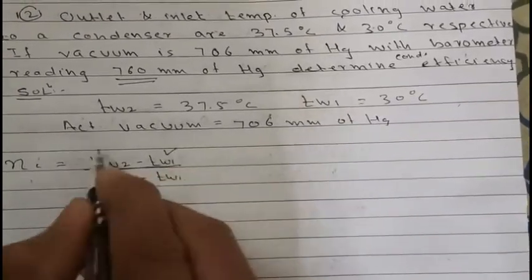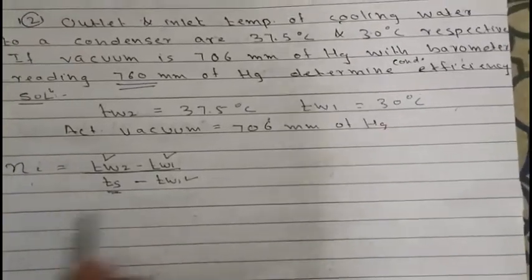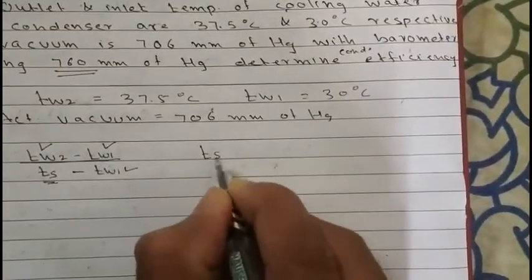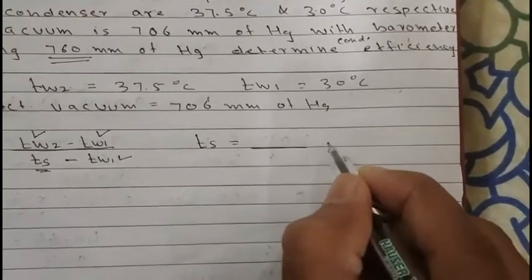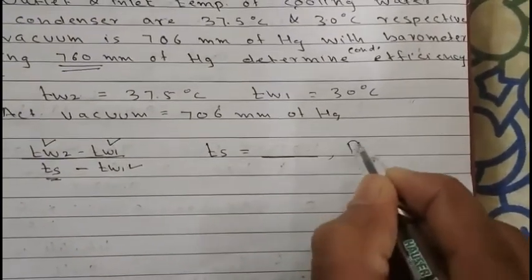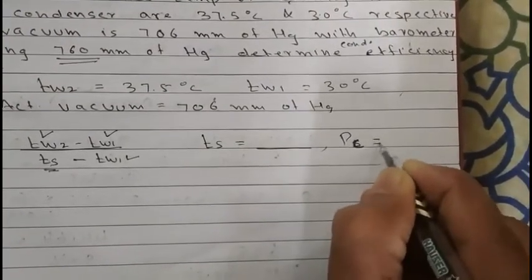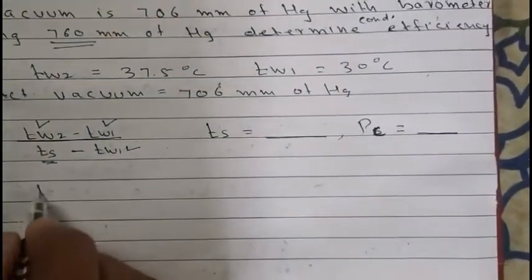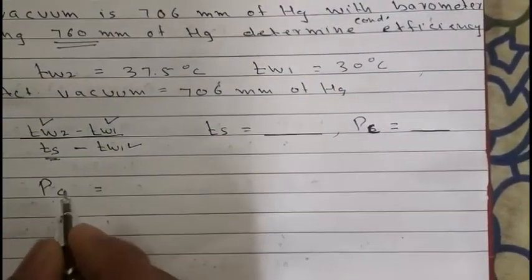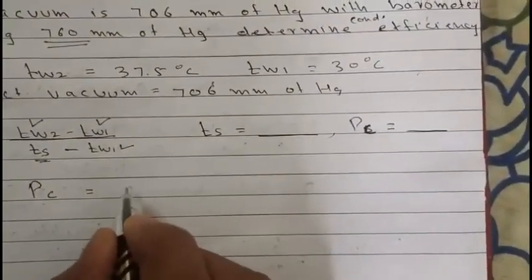Now we know TW1 and TW2. We have to find out the saturation temperature, which corresponds to the absolute pressure inside the condenser. So first we have to find the absolute pressure inside the condenser.